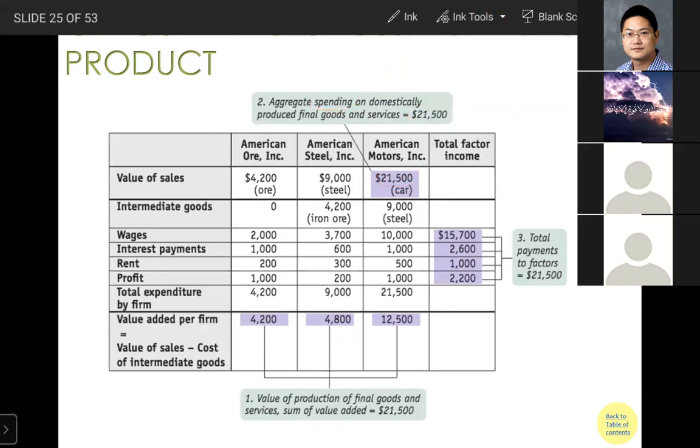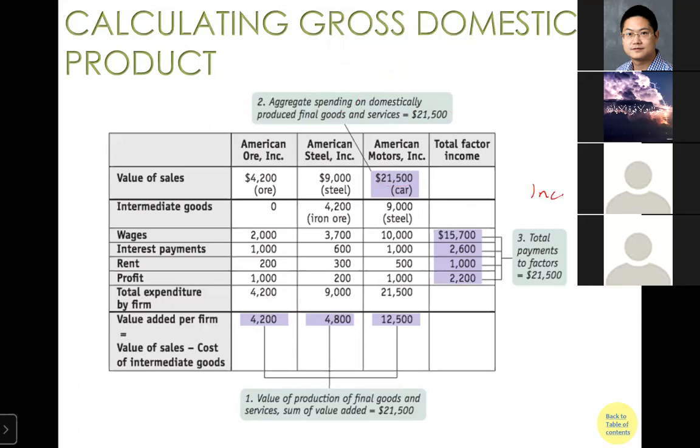Now we can look at the third approach, which is income. We just look at income to all sorts of factors that have been used in the economy. This includes wage income, that goes to labor, interest income, that goes to capital, rent, that goes to building or land.